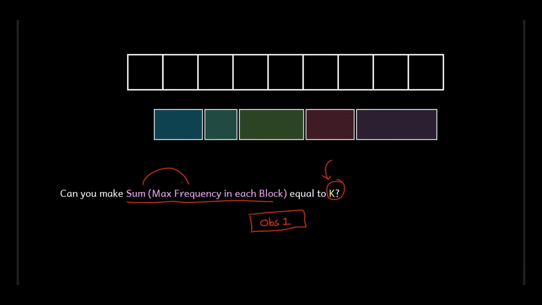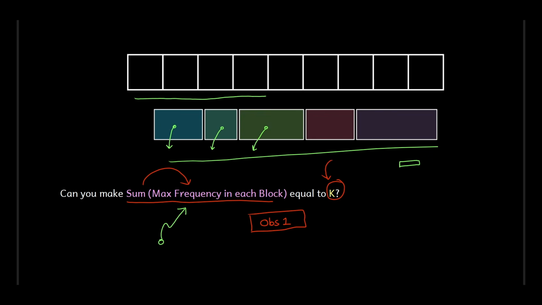You should know that this is a very common trick used in competitive programming: whenever you are trying to sum up frequencies, the total sum of the frequencies of this block and this block and this block, etc., cannot exceed the length of the array.